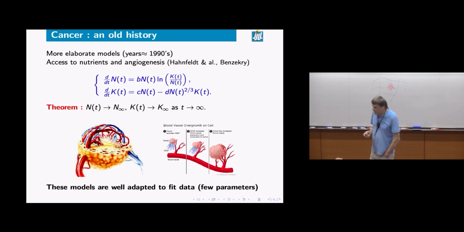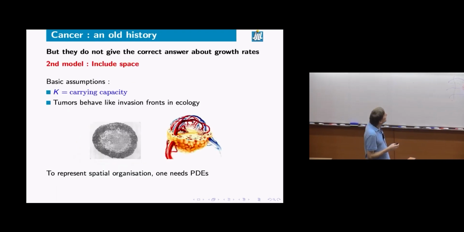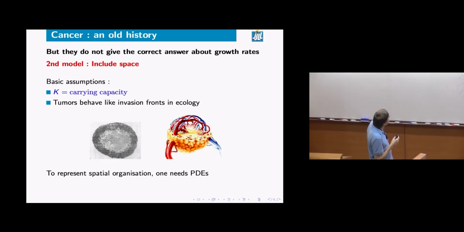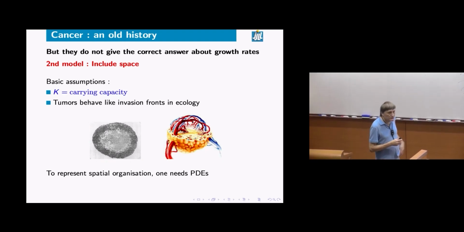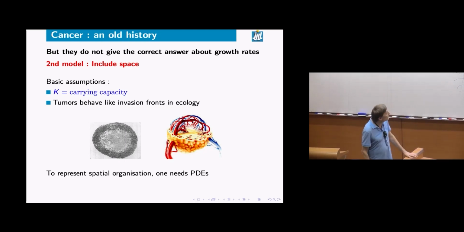So, of course, when you think of carrying capacity, the first thing which comes to your mind is an invading front, an invading species in a space without predators, as we see many now with global warming.